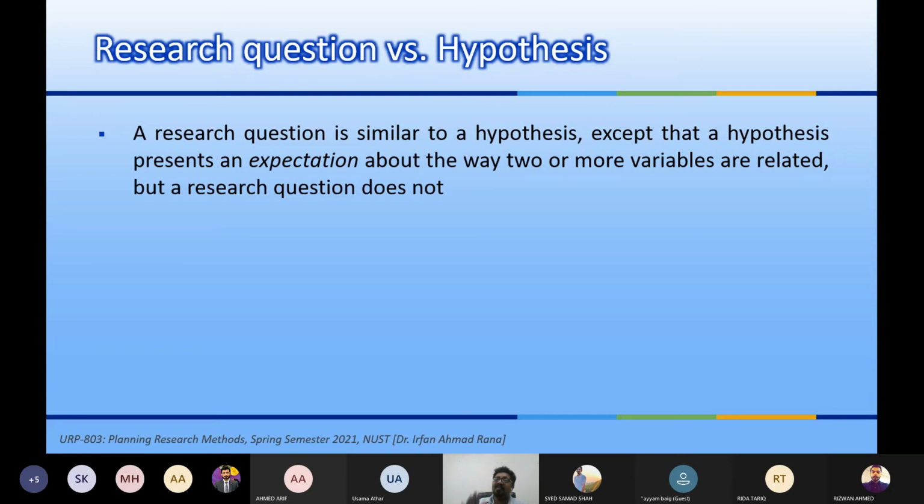In a hypothesis, I'm already giving a positive or negative, that people will or will not evacuate. In a question, I'm leaving it open and unbiased. The answer can be yes or no. So a hypothesis is idea-generated, a future prediction, whereas a research question is focused on answering something achievable.